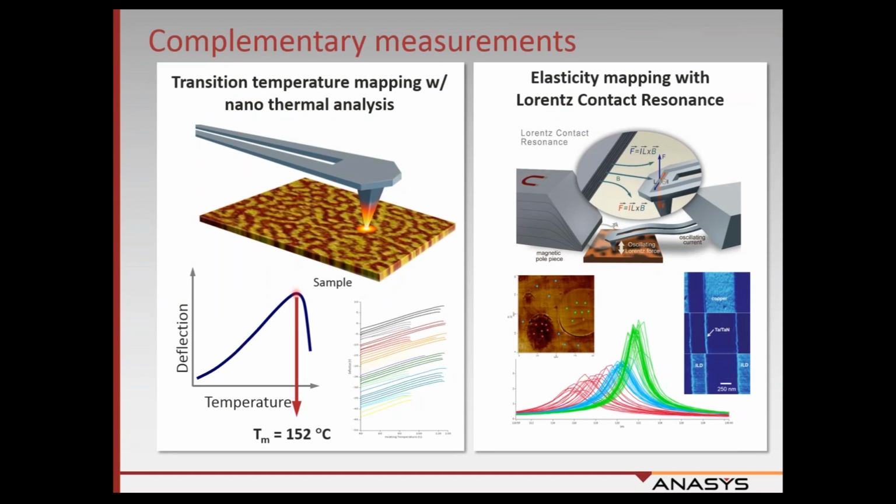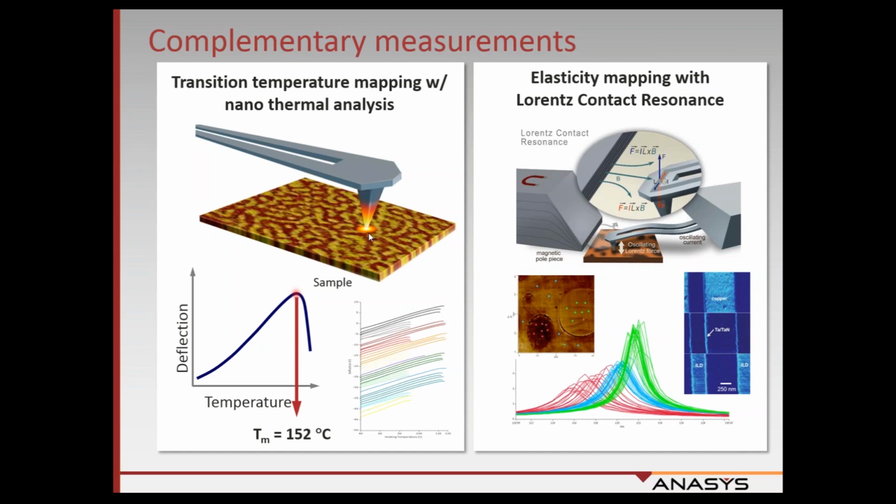Now I'm going to move on and talk very briefly about some complementary measurements that we can perform using the nano-IR2-FS system. We have had the capability to perform nanothermal analysis. Essentially, we use a special modified AFM cantilever in which we can flow current down the cantilever to locally heat the apex of the tip and the surface of the sample.